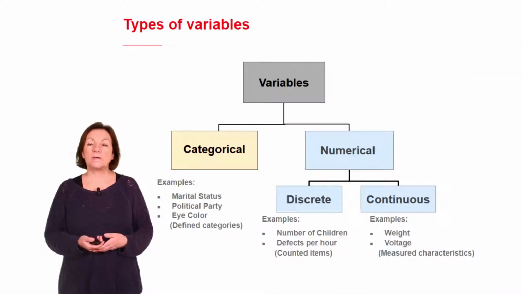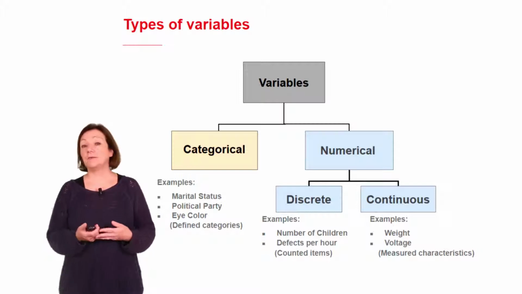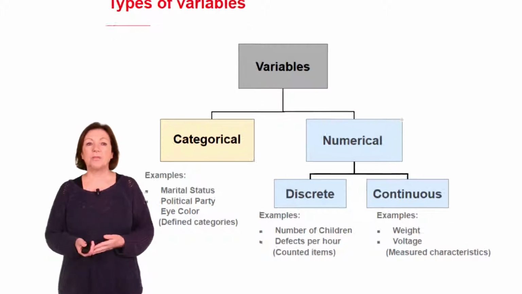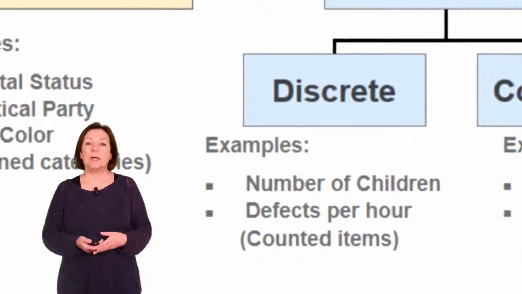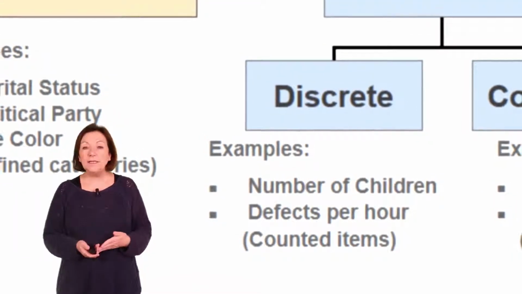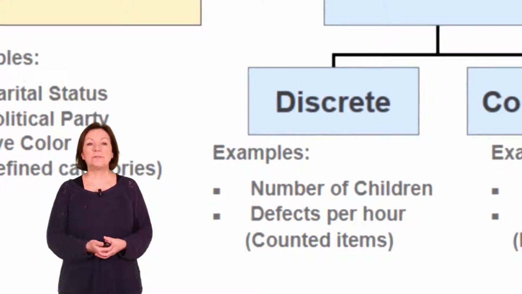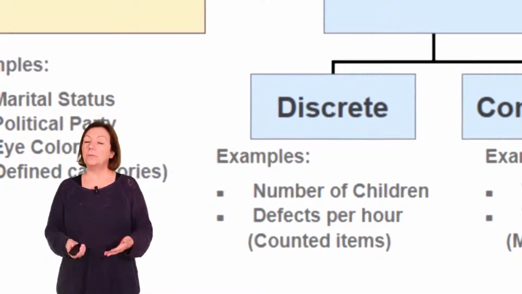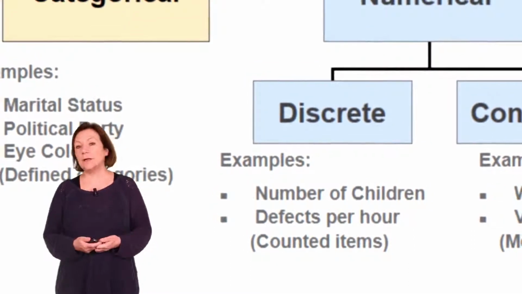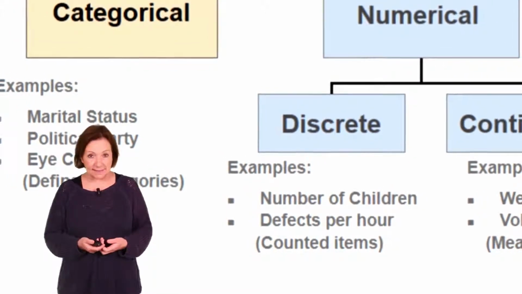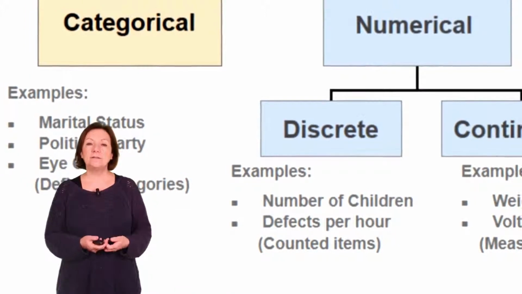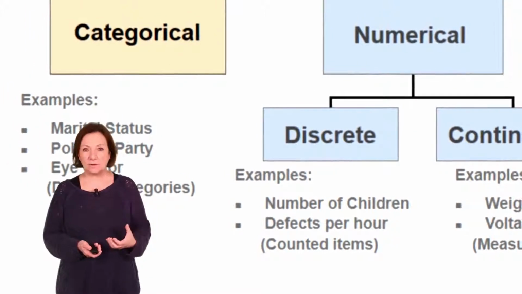Then in terms of numerical variables, for discrete variables, the number of children is a discrete variable. So children, they are only integer numbers. The number of defective items that one would find on an assembly line are integers, and we will count them.